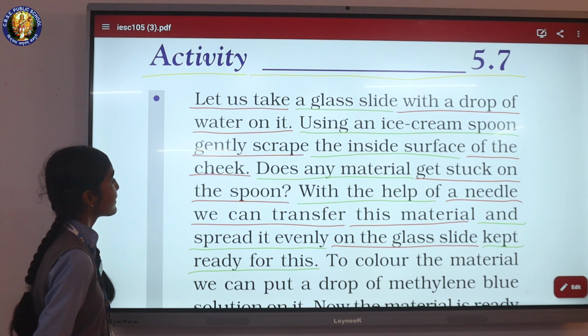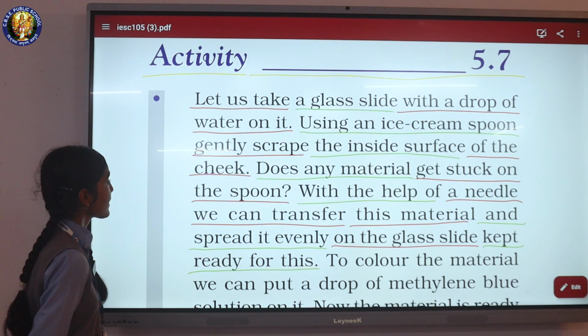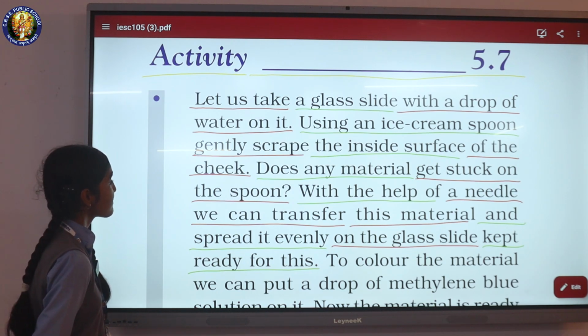With the help of a needle, we can transfer this material and spread it evenly on the glass slide, kept ready for this.